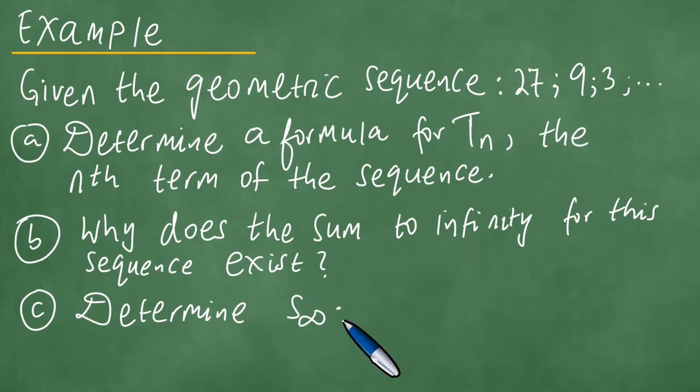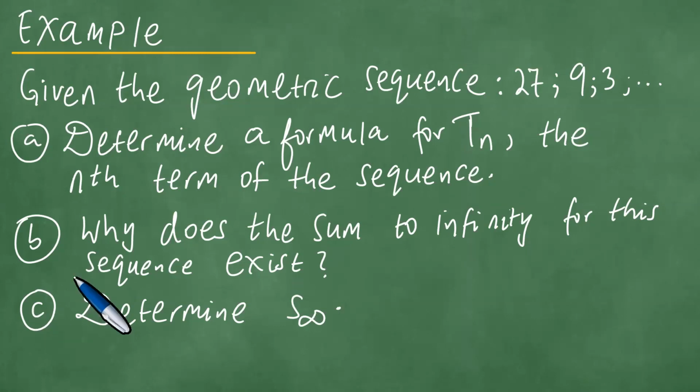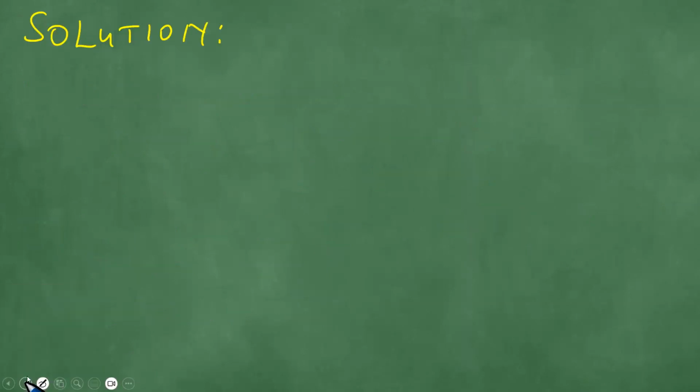Determine S infinity. So now, what do we need here? We need to solve this particular example, then focus on the given sequence. We have already been told that it is a geometric sequence. What are the terms? 27, 9, and 3. So we list the terms down.